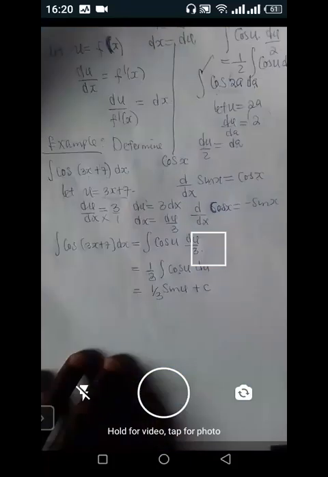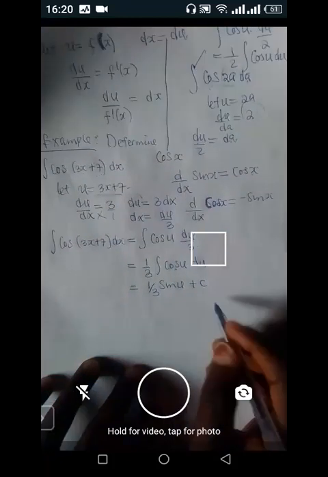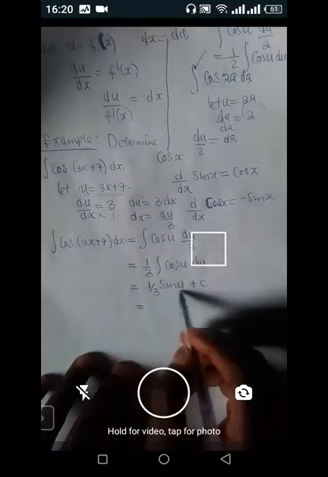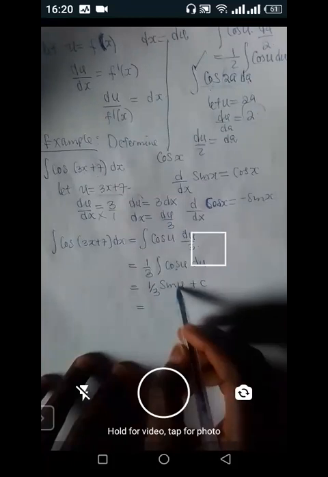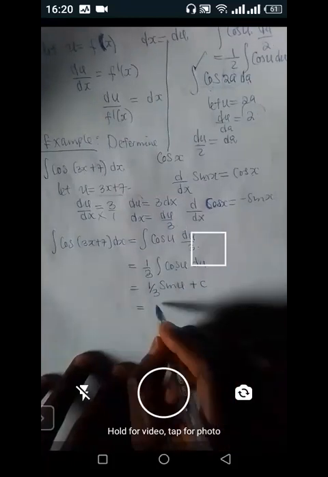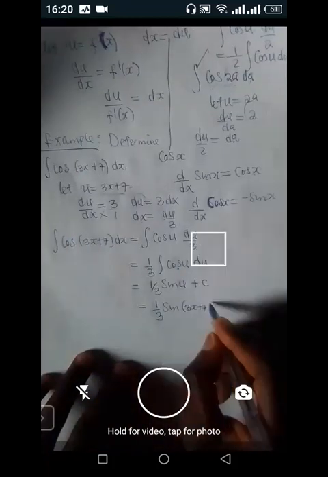Then your u is well known, which is 3x plus 7, so you get 1 over 3 sine of 3x plus 7, plus c. And that is your final answer.